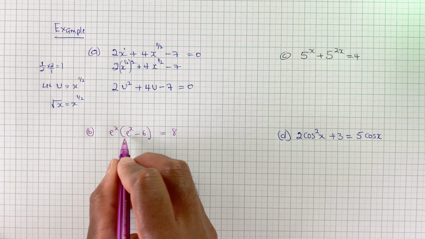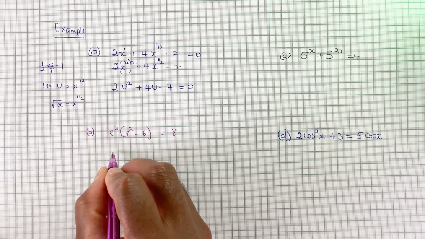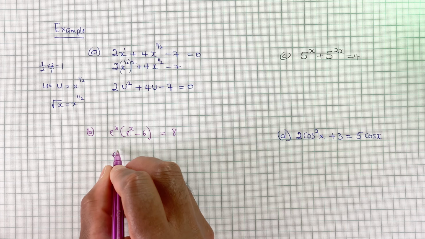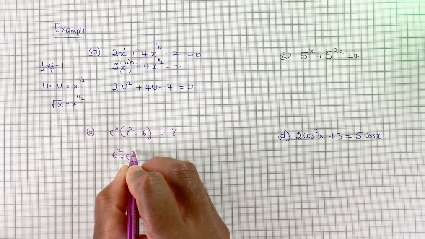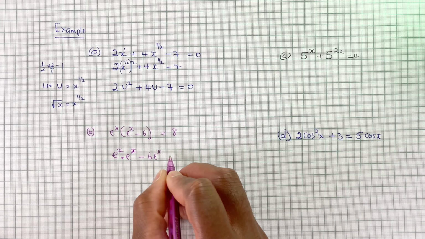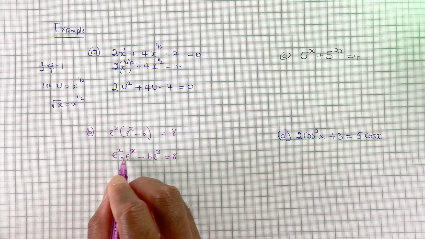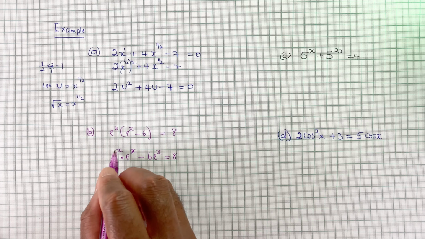B, and you can see here that if I multiply that out, I will get e^x squared times e^x, minus 6e^x equals 8. But if you're multiplying the same base, you add the power.